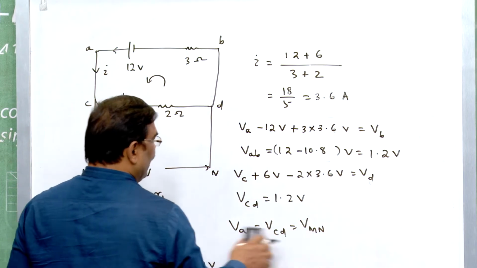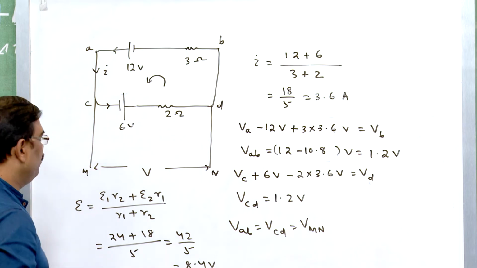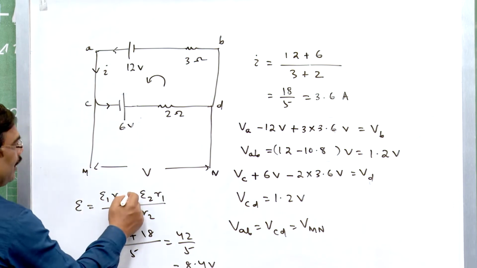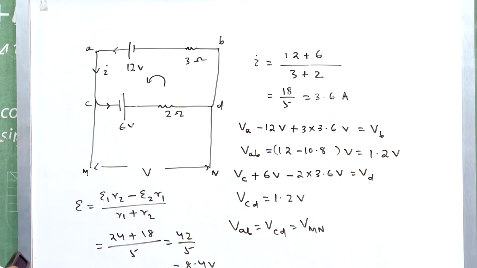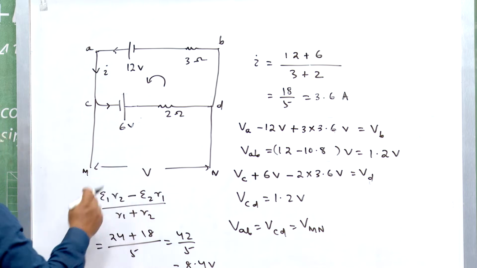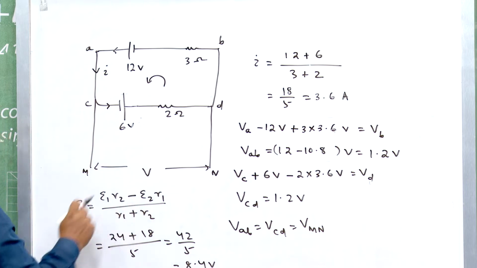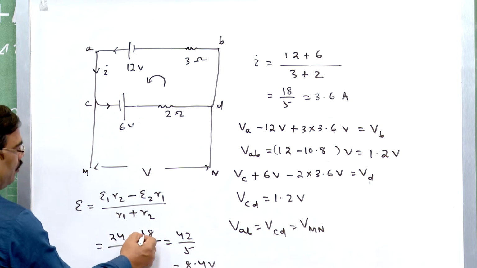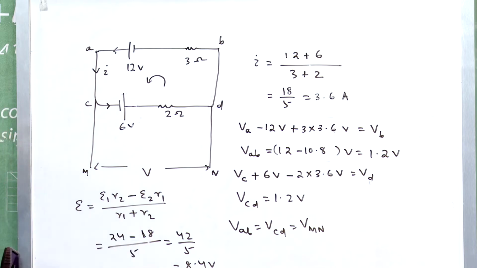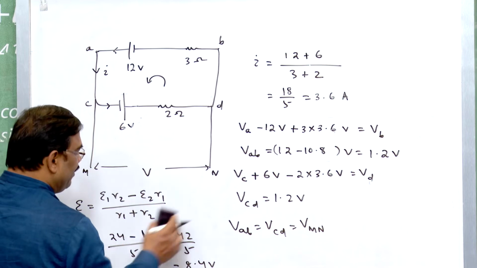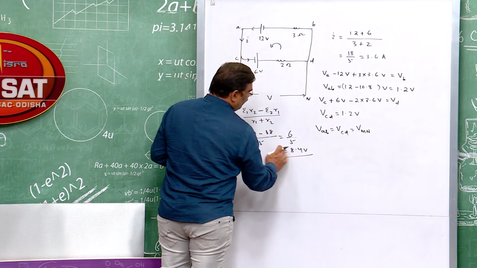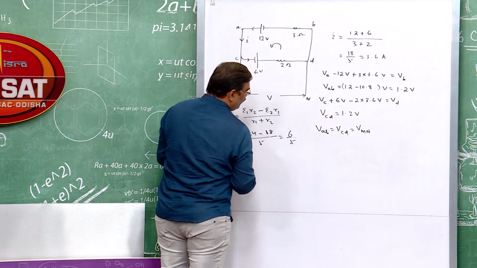Okay. So, again VAB equals VCD equals VMN. So, here we have to consider the other formula, E1 R2 minus E2 R1, because E2 is reversely connected. So, it is minus E2 R1 by R1 plus R2. So, it is 24 minus 18 divided by 5, it is 6 by 5, and this is coming as 1.2 volt.